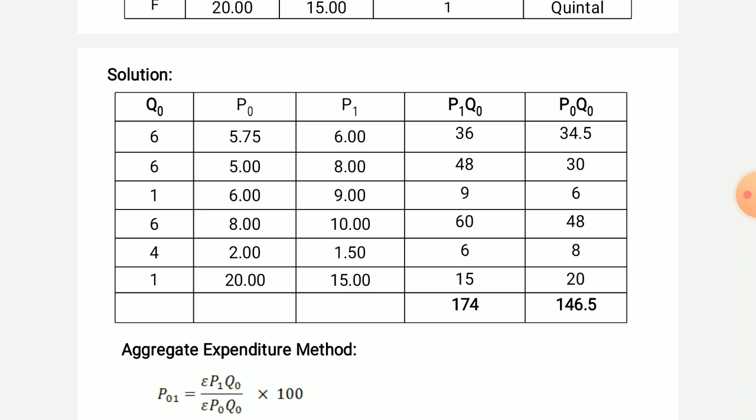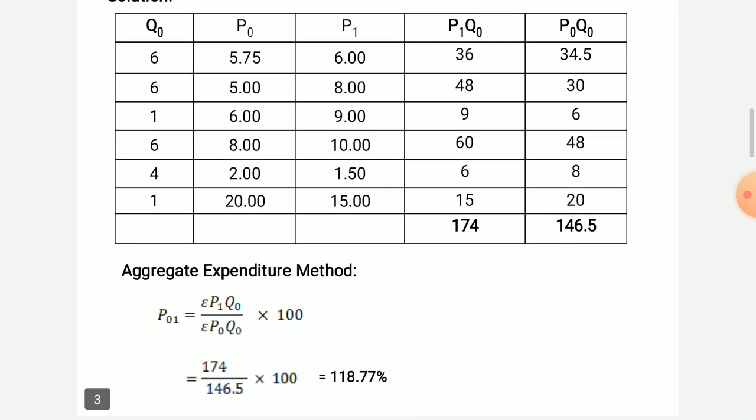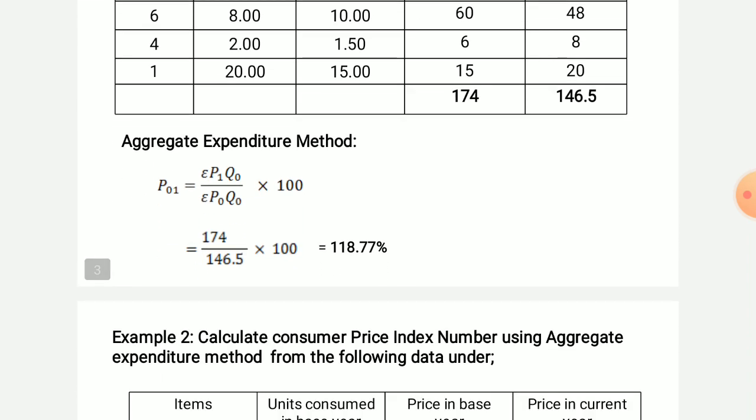Now substituting these values in the formula, P01 is equal to sigma P1 Q0 divided by sigma P0 Q0 into 100. So sigma P1 Q0 is 174, divided by sigma P0 Q0, 146.5, into 100, is equal to 118.77%.